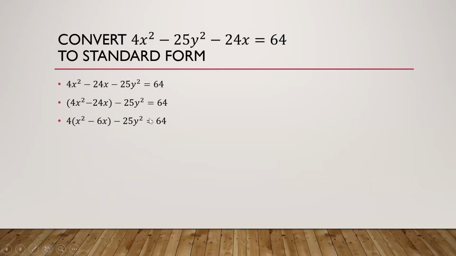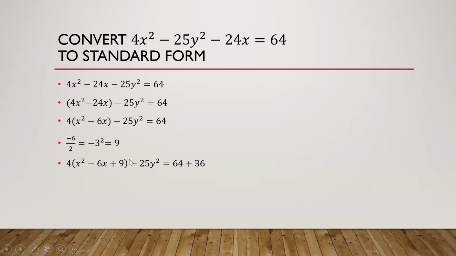Then we can now complete the square. -6 divided by 2, that's -3 squared, that is 9. Oh, by the way, we didn't complete the square for 25y squared because there is no need for that, since it's just 25y squared. There's no other y's in the equation.